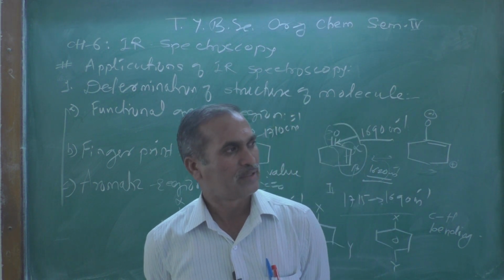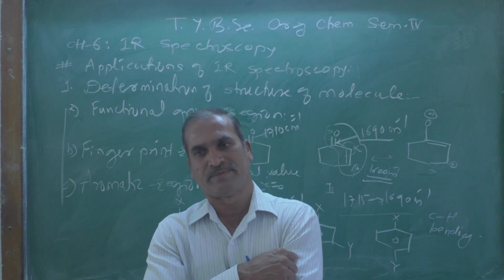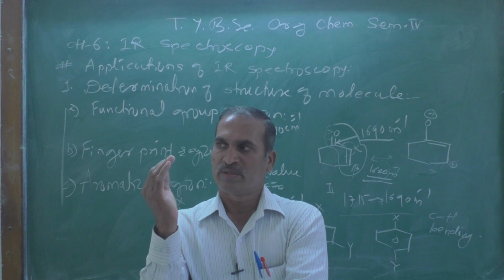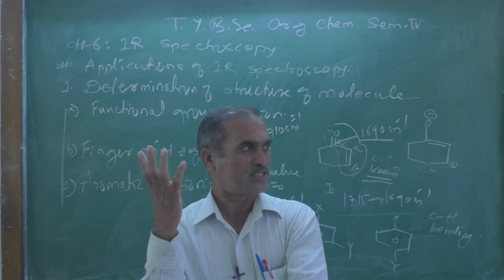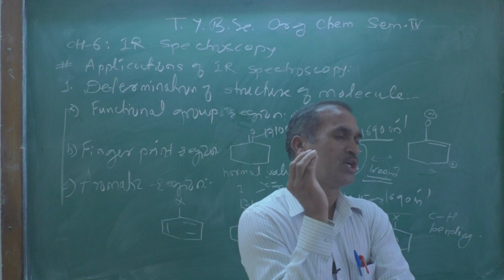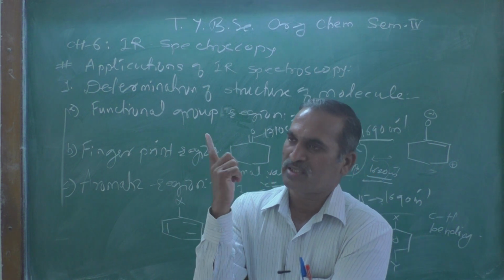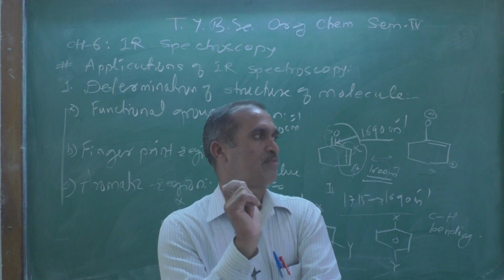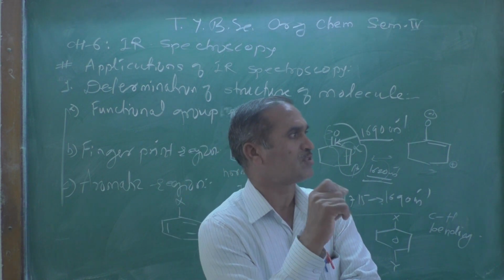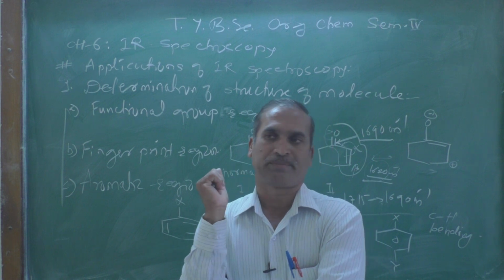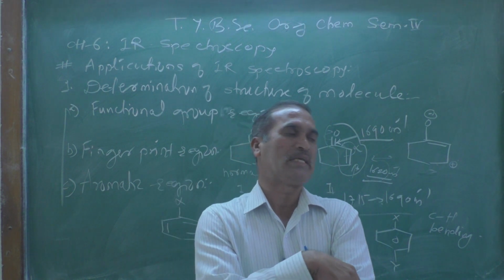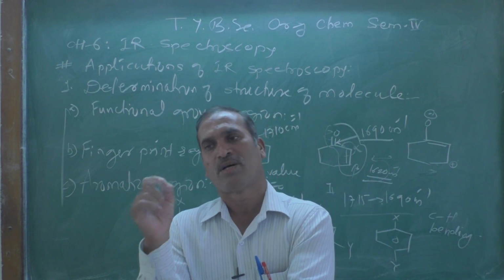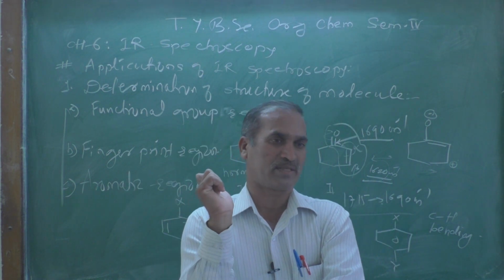Suppose in the aromatic region two or three such peaks are not observed, meaning there is a lack of absorption peaks in this particular region, this clearly suggests that a non-aromatic compound is present.